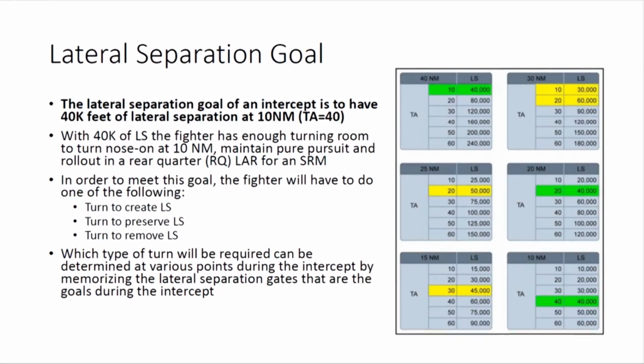As you can see from the chart here, every 5 nautical miles or 10 nautical miles, we have a gate that we want to hit on the way to achieving that lateral separation goal. 40-10, 30-15, 15-30, 20-20, 40-10. Once you've run a few intercepts, it's very easy to memorize these gates, and we want to do that because hitting these gates is really important to prosecuting a proper intercept.